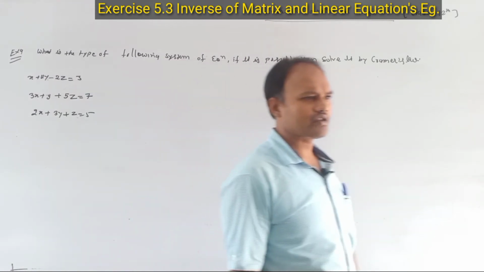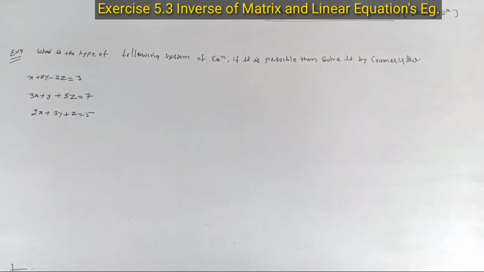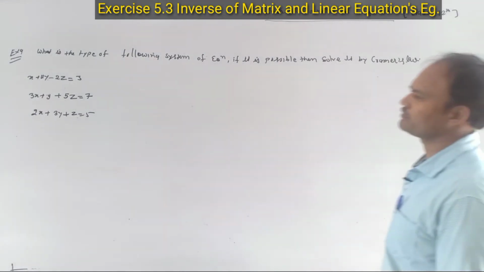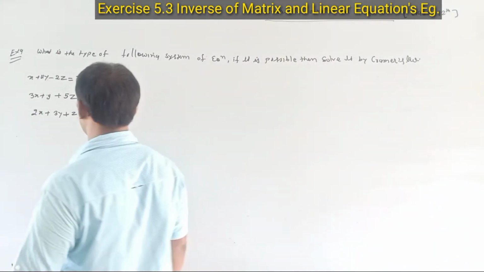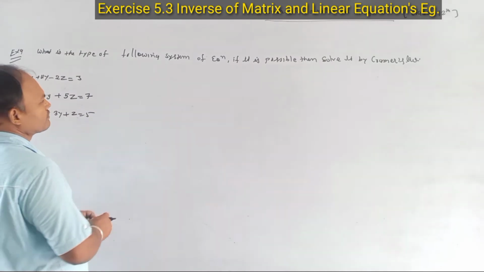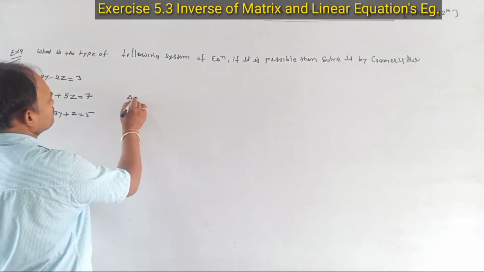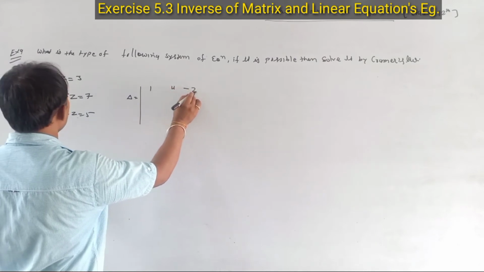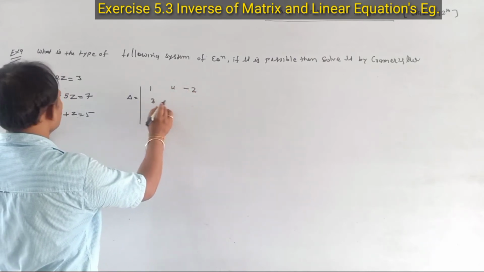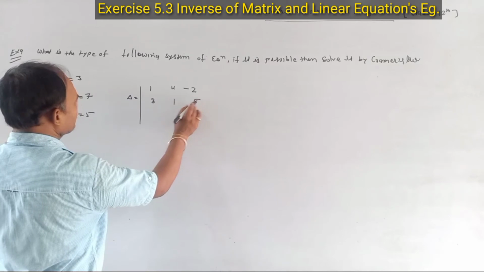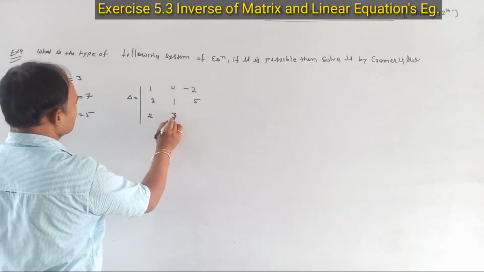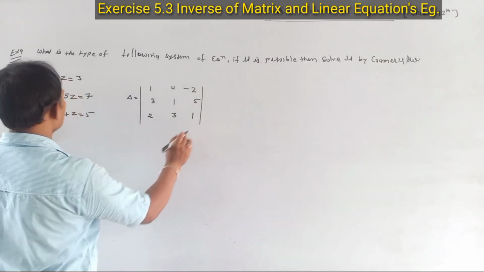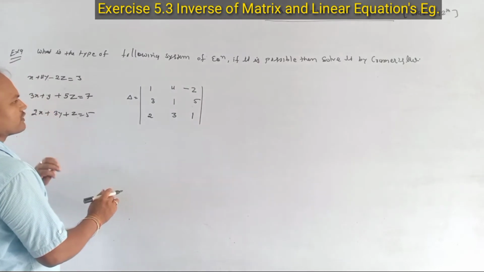This is a totally same process, nothing different. The difference between them is only that it is a 3 by 3, that's all. Okay, so what about the delta? Delta is 1 4 minus 2, 3 1 5, 2 3 1. These values are delta.